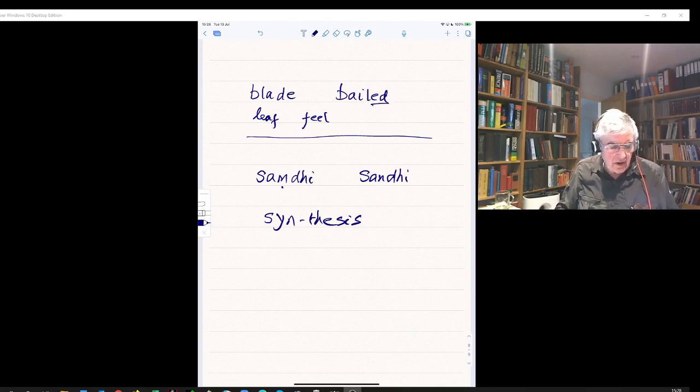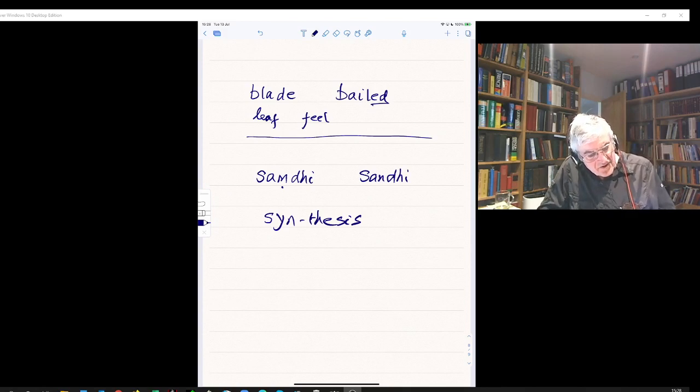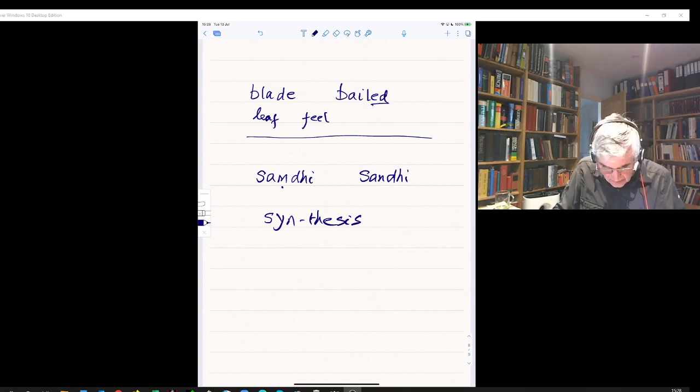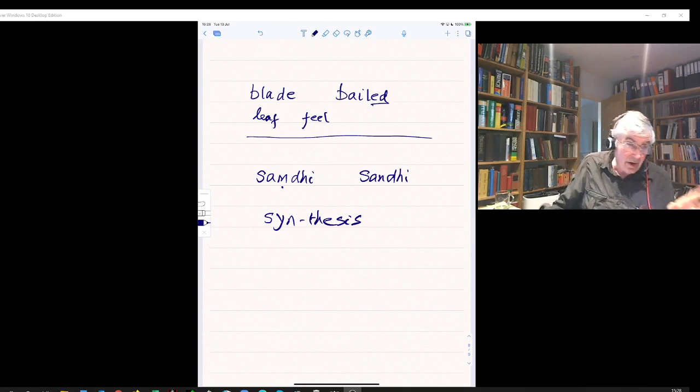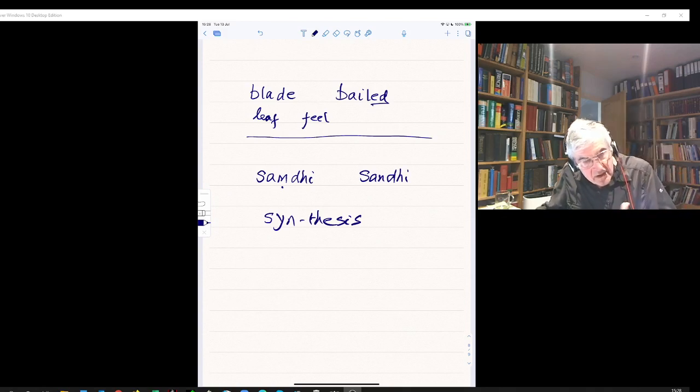Now, there's a note given here about the exercises. I'm looking now at the last paragraph on page 14. The exercises in lesson 1 are written the same even after sandhi rules have been applied. What that means is this. In textbooks, very simple grammar books, you'll find it in very simple grammar books written in India for speakers of modern Indian languages who are learning Sanskrit. You'll find it done in this book to a certain extent.